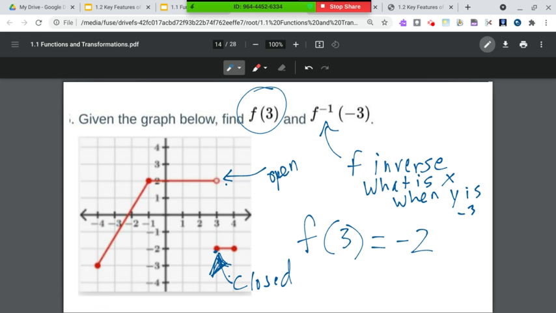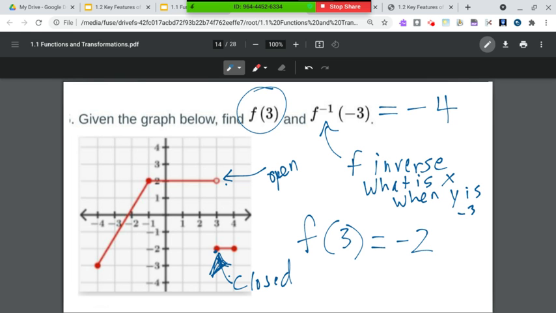Draw a line horizontally at negative 3. It hits the point with what x value? Negative 4. So we would say f inverse of negative 3 is negative 4.